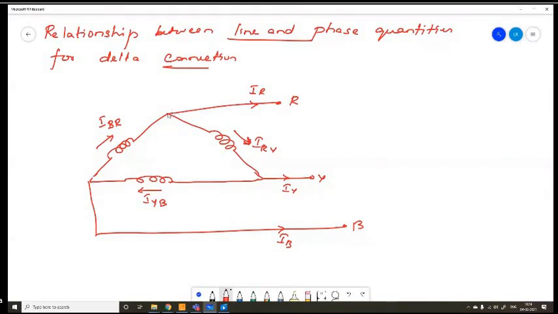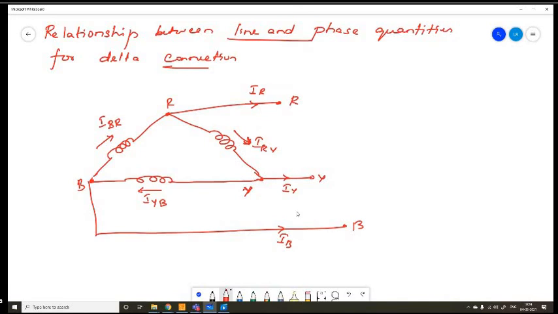Now, if you can note this as R, this as B, and this as Y, so that the voltages that I am going to mention will make sense to you. Now, when I say line voltage between the line R and Y, so VRY, this will be the same as the phase voltage, as you see here in the delta connection.